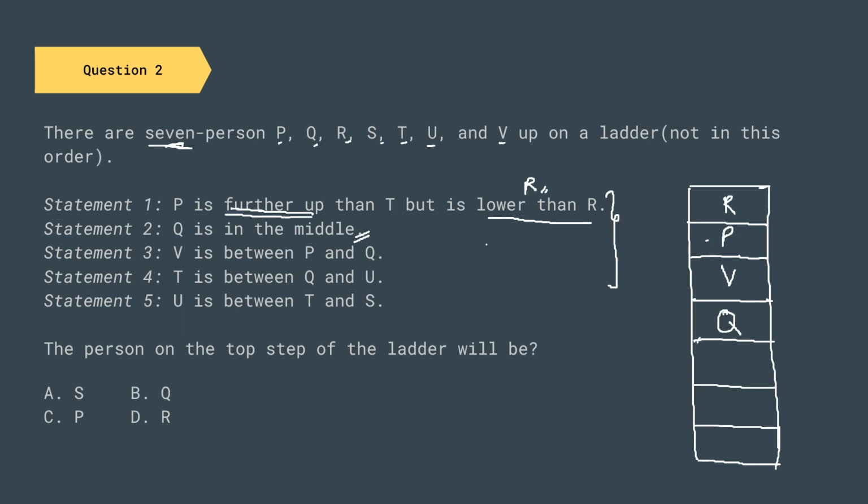So R, P, V, and Q. The position of R, P, V, and Q is fixed. Now, this information is also exhausted. T is between Q and U, so it will be T and it will be U. U is between T and S, so this is T, this is U, and this is S. So all the people are now standing in their correct position on the staircase.